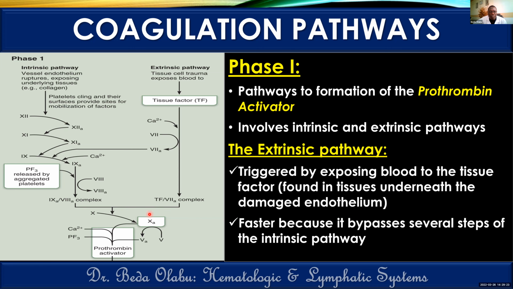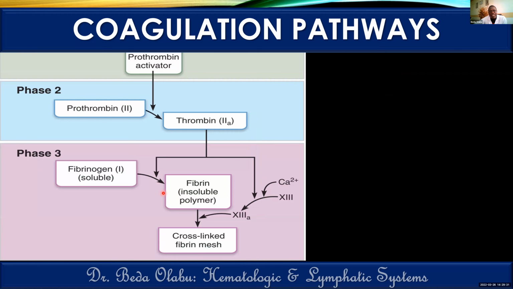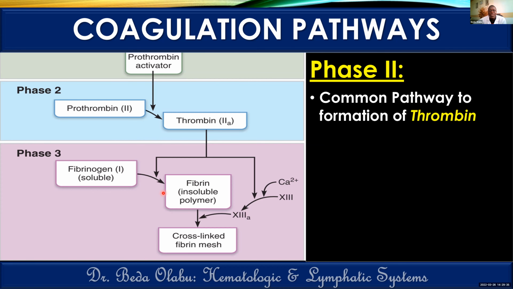Right, so that is the first phase, which leads to formation of the prothrombin activator. Once the prothrombin activator has been formed, there's a phase 2. Phase 2 is the pathway to formation of thrombin.